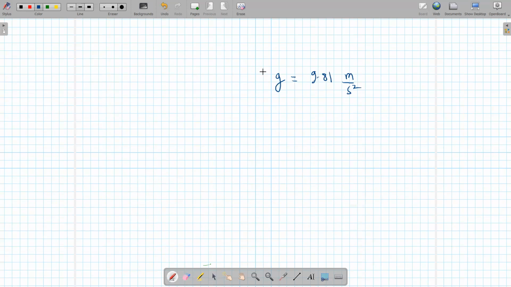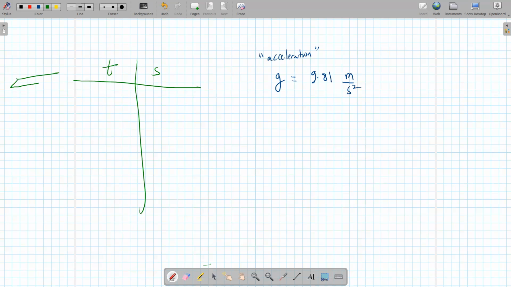Gravity is just another way of saying acceleration. So let's make a chart here: time and speed. Let's say you jump out of a plane, skydiving, and we want to know how fast you're traveling vertically downwards. At time zero, your speed is 0.